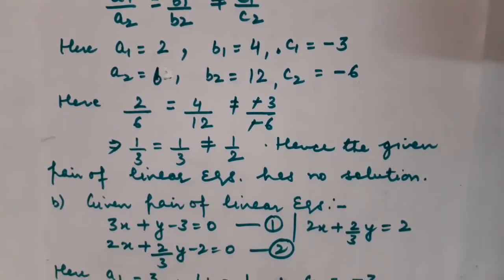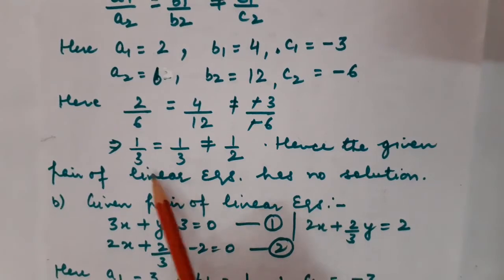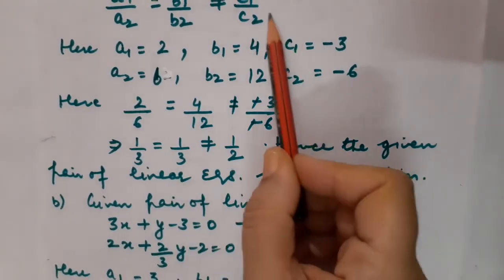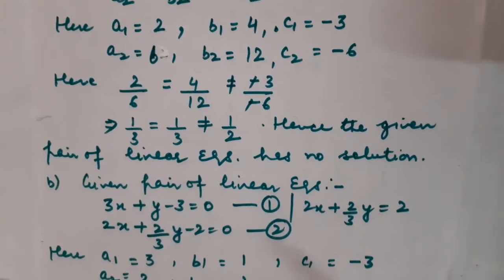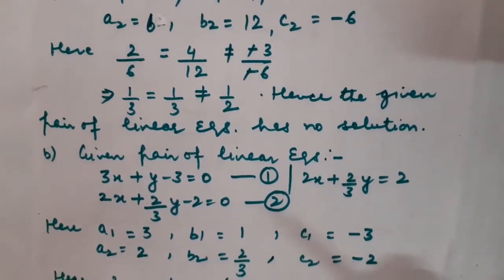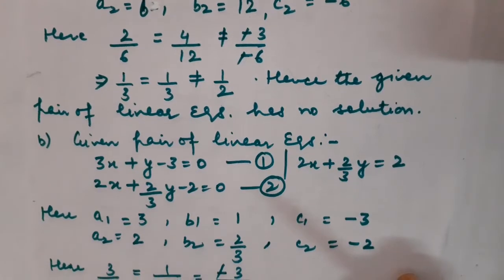So when these values, you can see, children, are inserted over here, the condition of no solution is going to be satisfied. So we can say that given pair of linear equation has no solution.